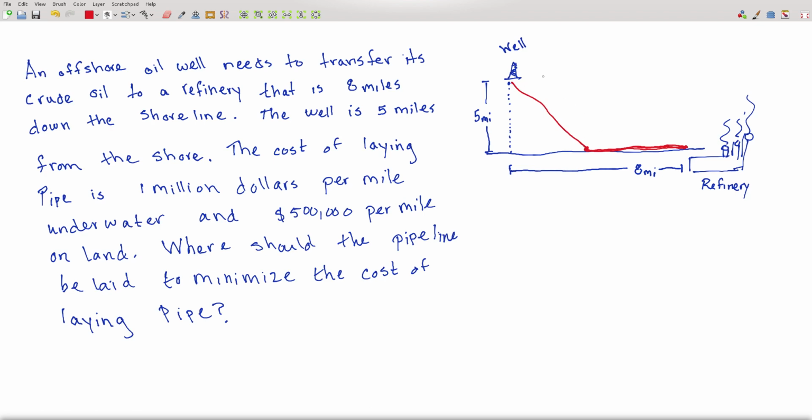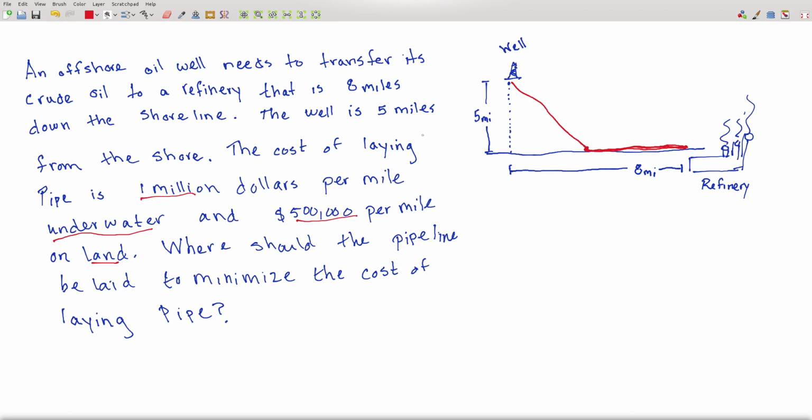There's the part that's underwater, and there's the part that is on the ground. And it tells us that it costs a different amount to do those. So the cost of laying pipe is $1 million per mile when you're underwater, and $500,000 per mile when you're on land, and it's going to be important to keep track of that.